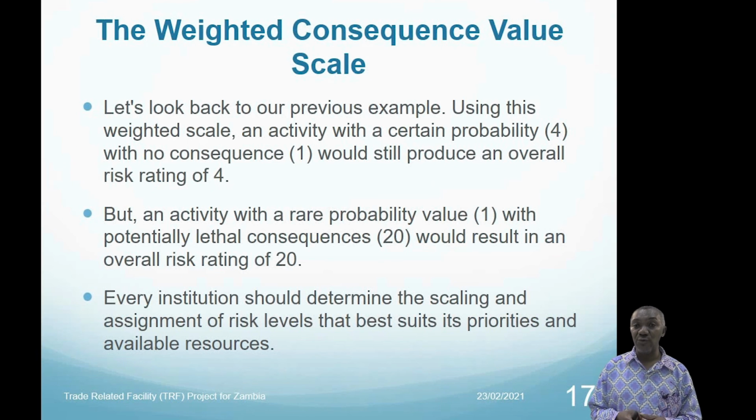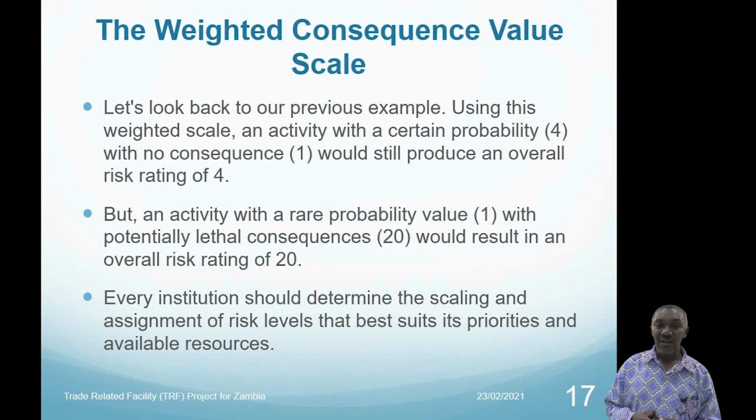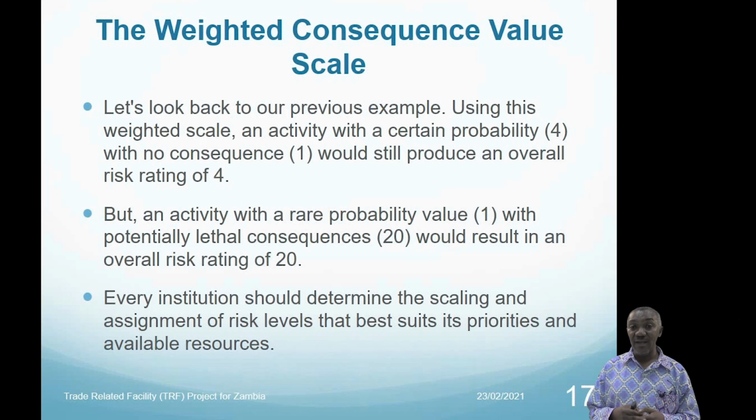If the likelihood of an event occurring is 4, with no consequence 1, we still get the risk rating of 4. But for an activity with a rare likelihood of occurrence 1, with a potential lethal consequence, in this case 20, the resulting risk rating will be 20.